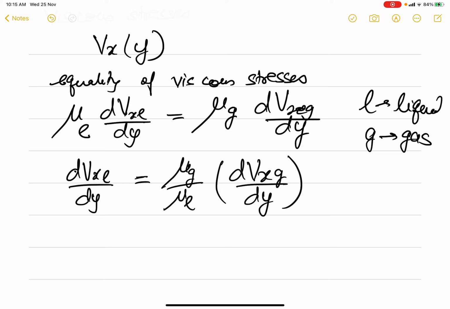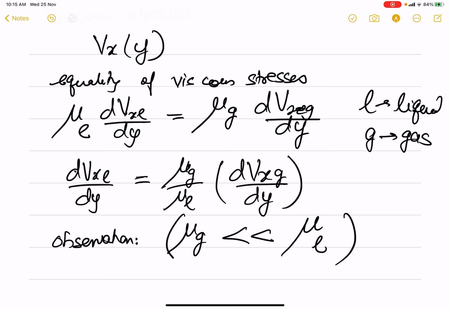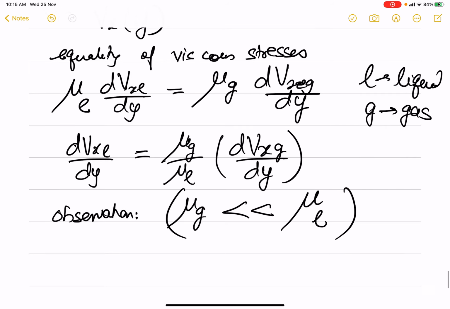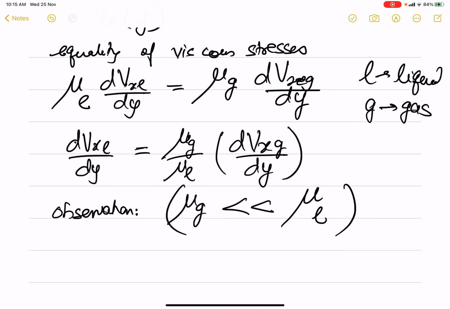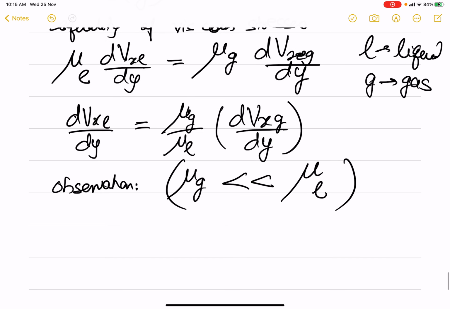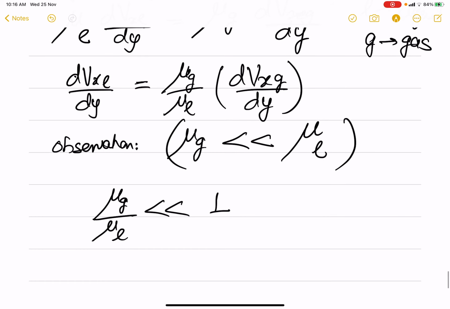Now, the observation we make is that mu of gases is much less than mu of liquid. This is found to be true for most liquids and gases. So then mu g upon mu L is much less than 1.